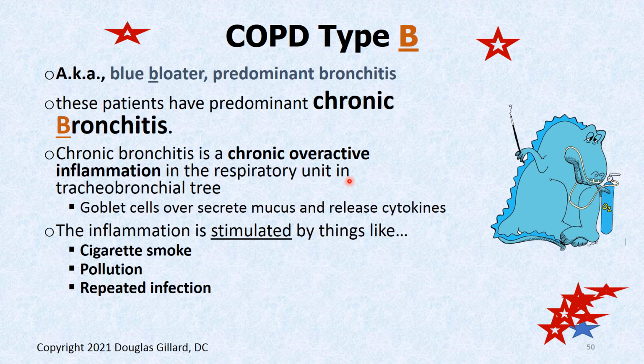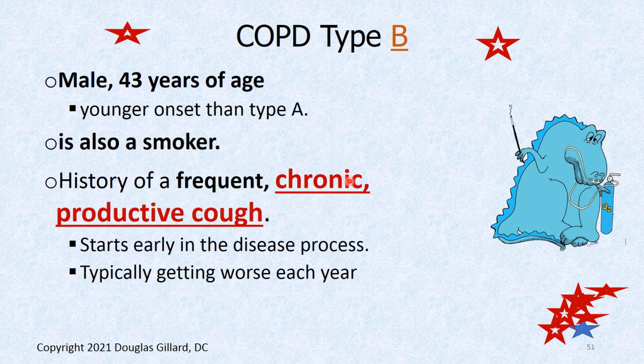The smoke gets in your tracheobronchial tree and your respiratory unit, and it causes an inflammation, and it stimulates goblet cells. When they get inflamed, they overproduce mucus, so you get all clogged up with mucus, and you get repeated infections. Pollution can do this.